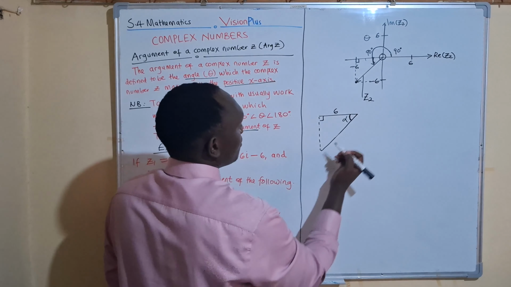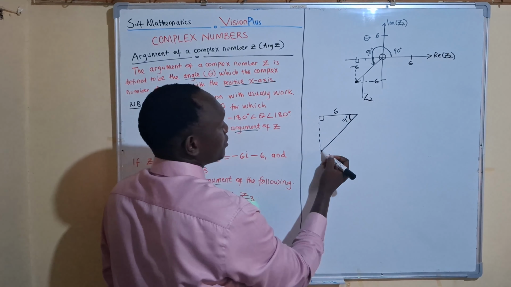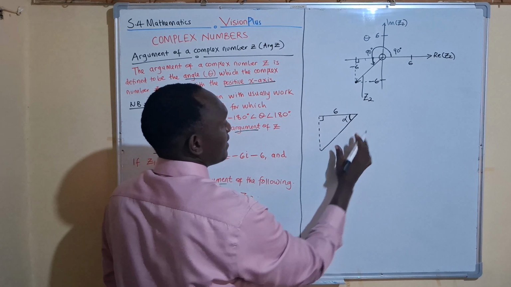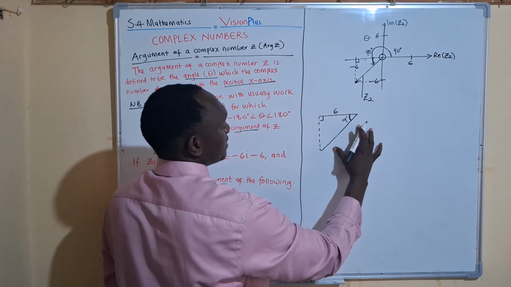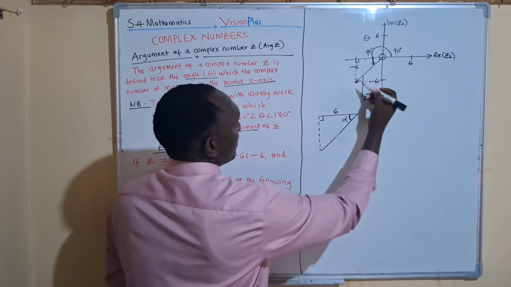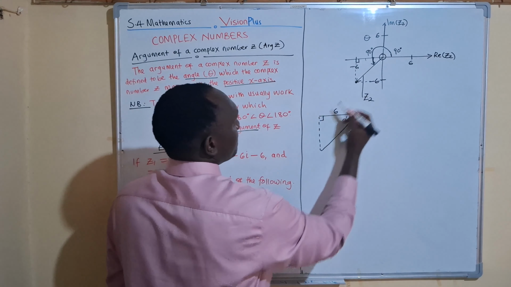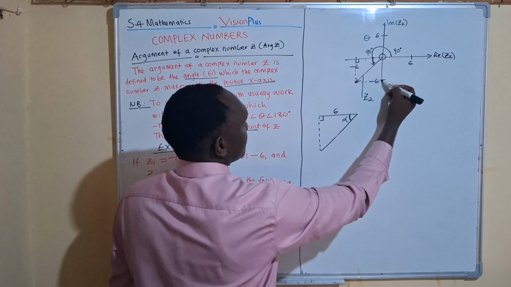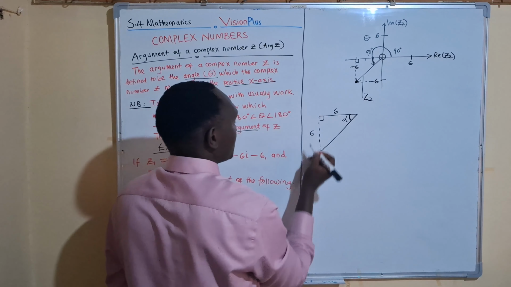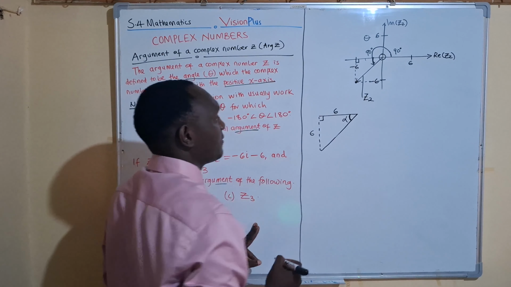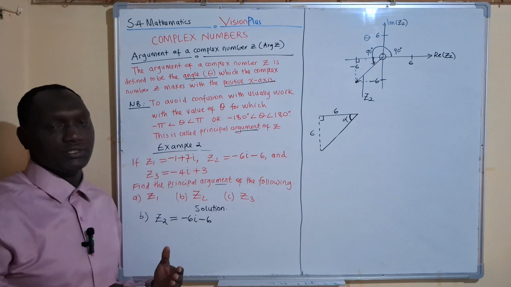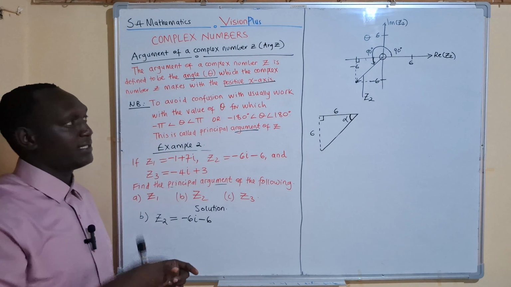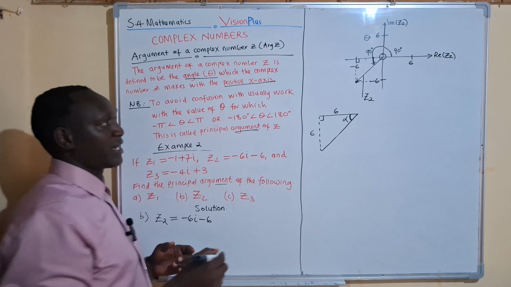From origin to the point is the length of the complex number, which we have not got. We take 6 units because the sign just shows where it falls in the 4 quadrants.